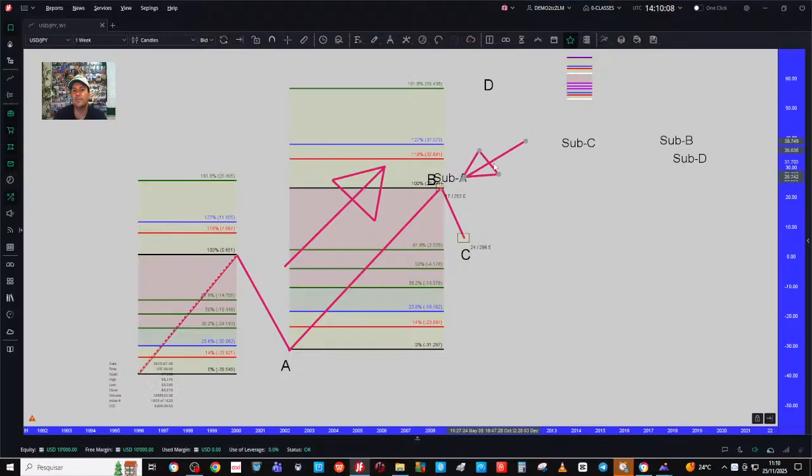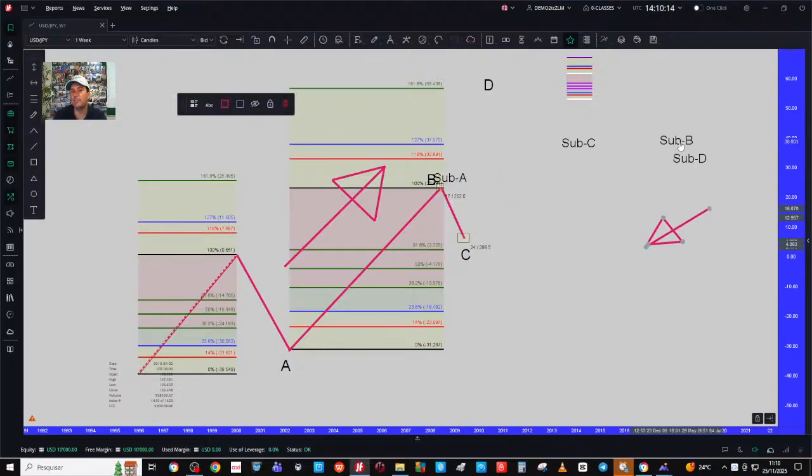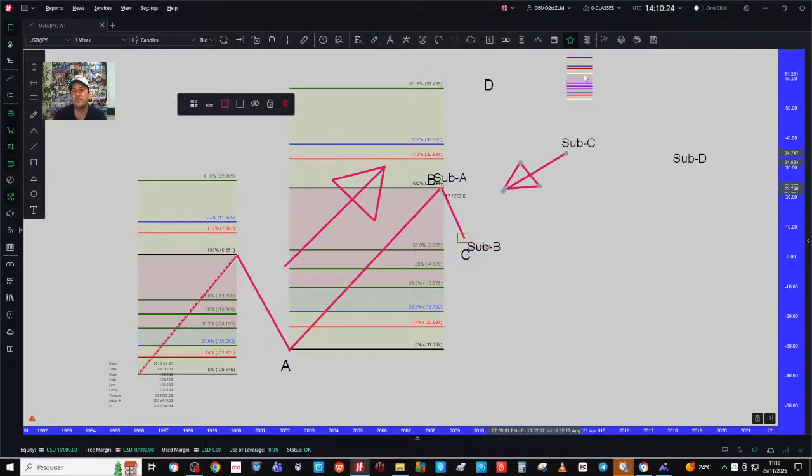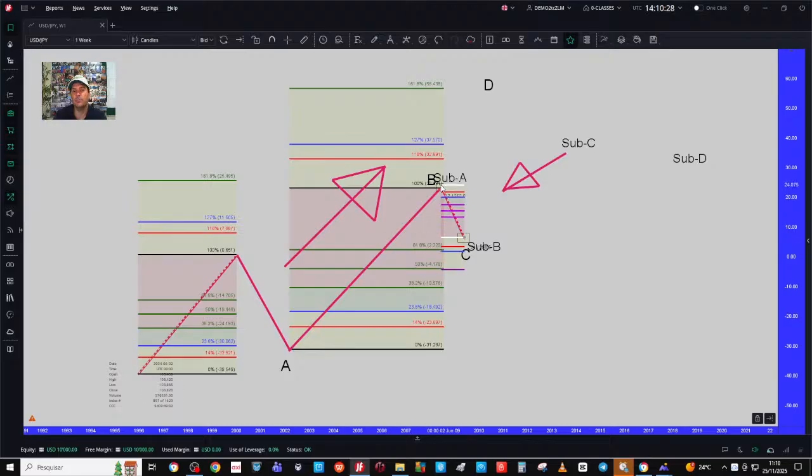This high is the sub A, okay? And this is now the sub B. This is the first low as soon as possible after the sub A. So yes, we can chart.